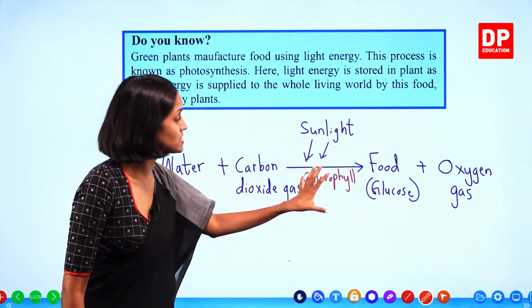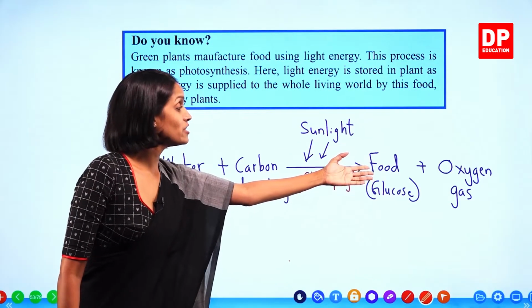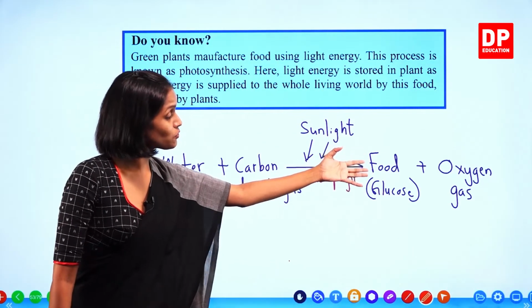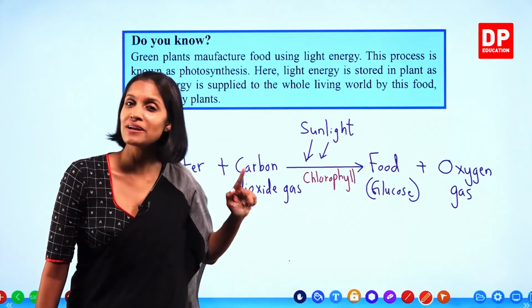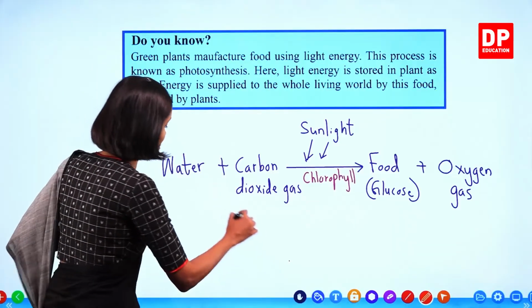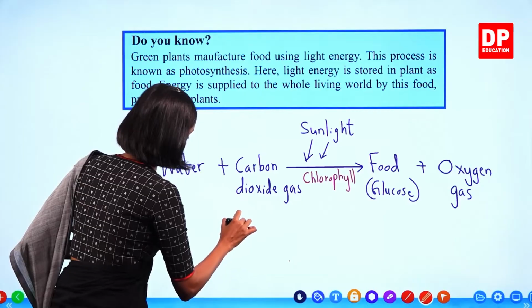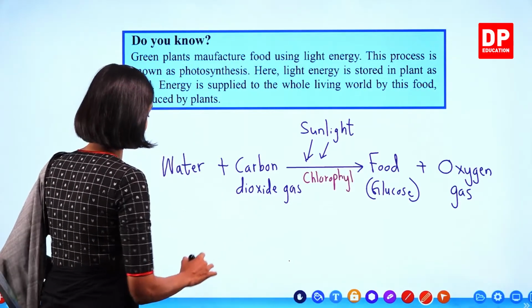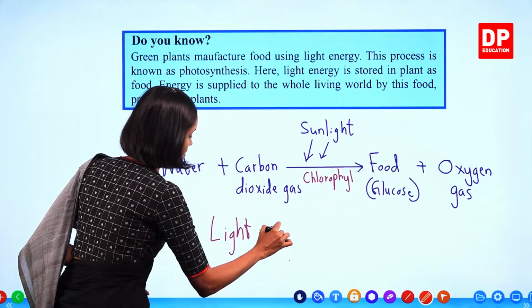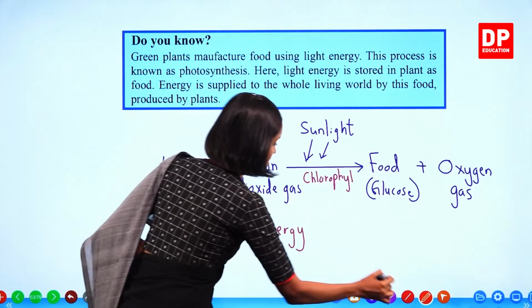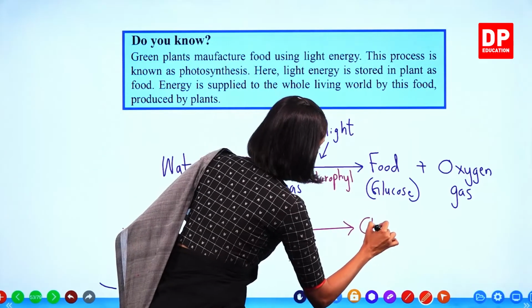Right? So when you consider food, chemical energy is stored in food. So how did the plants make this food with chemical energy? Using solar energy. So what is the energy transformation that takes place? There the energy transformation is solar energy, or we can simply write light energy. Light energy is converted to chemical energy.